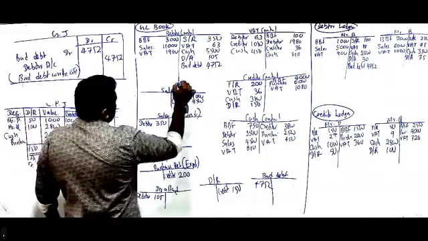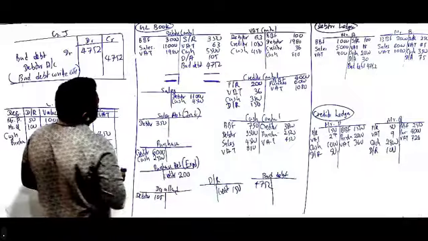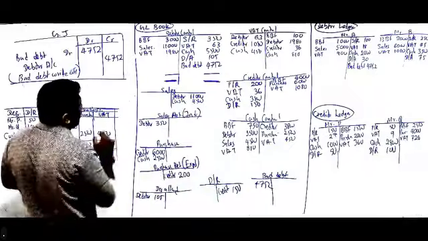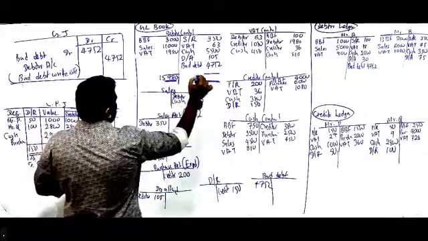Balance the debtor control account: 14,000, 15,980. 15,980.